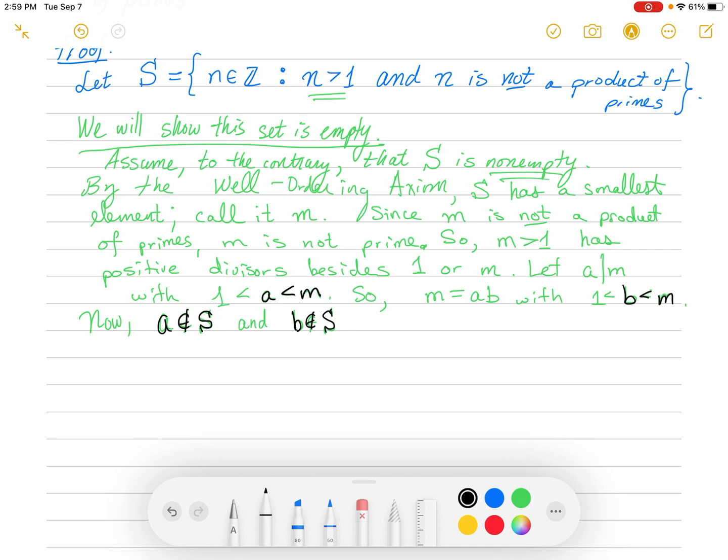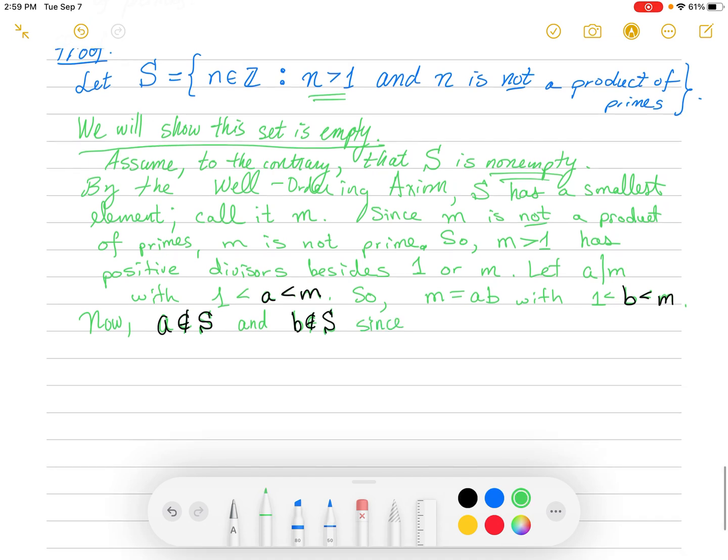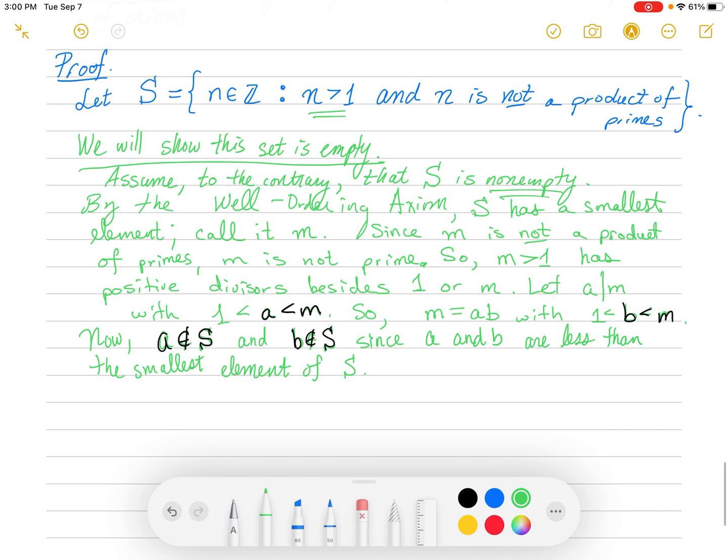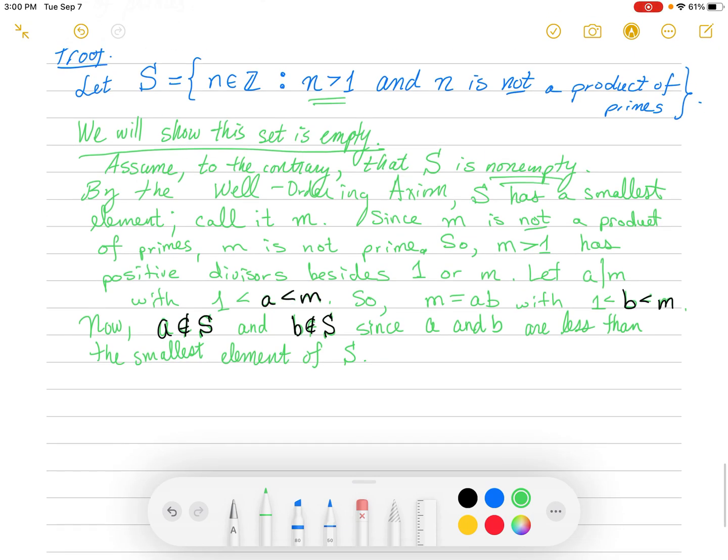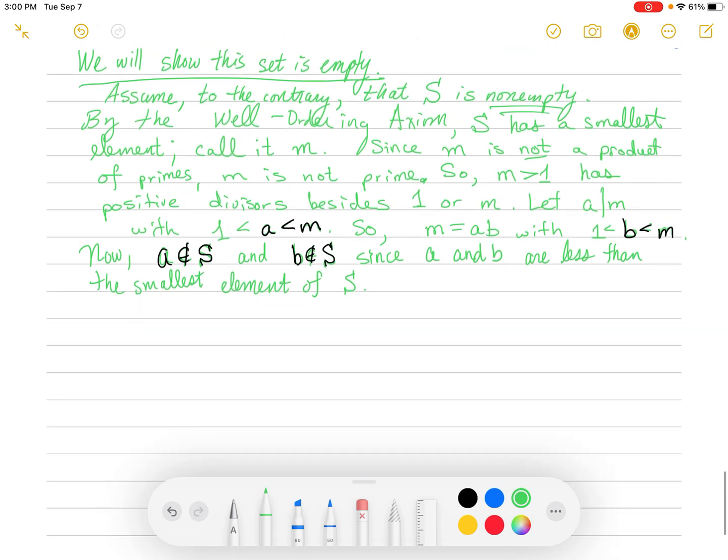So A and B are not elements of S since A and B are less than the smallest element of S, which was M. Okay, so A is not in S. B is not in S. We know they're both bigger than 1, A and B. So that means A and B must be a product of primes, right? If they're not in S, then they must be a product of primes.